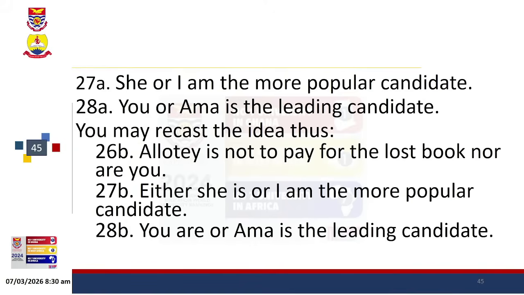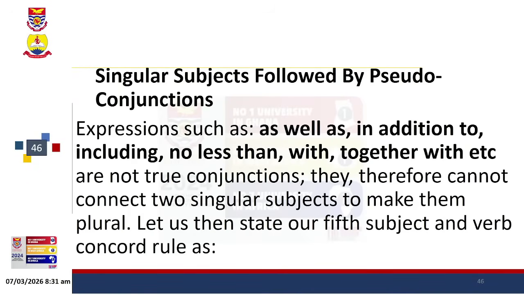Now, you can also have you or Ama is the leading candidate. If you realize that this is weird, you can write you or Ama is the leading candidate. Two subjects, one is singular, one is plural. The verb agrees with the one that sits closest to it.